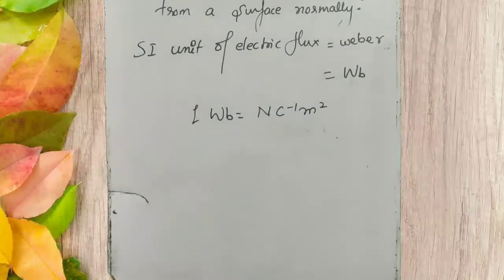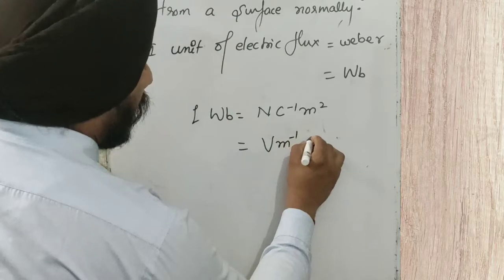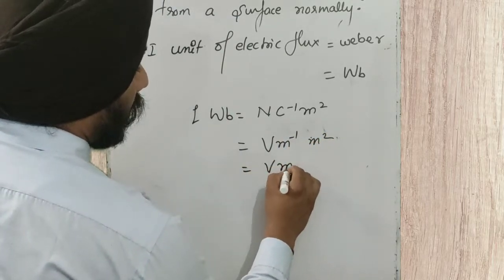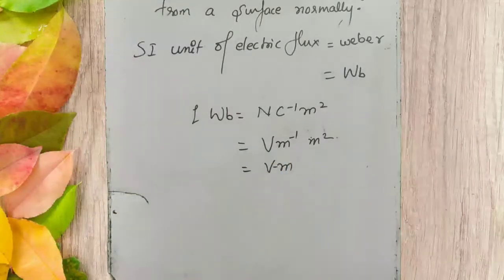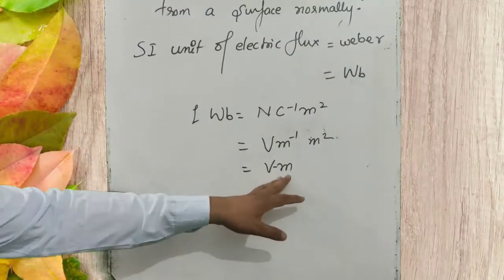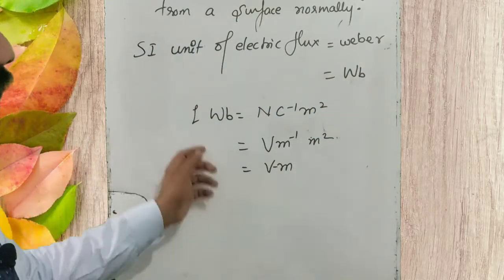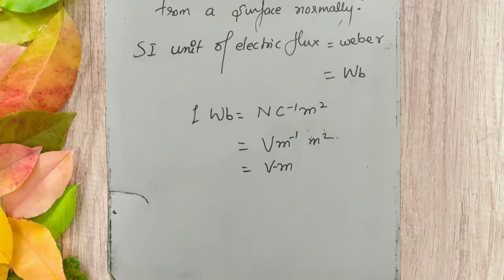Newton per coulomb meter square, or we can write it in another form, volt per meter and meter square, so it can be written as volt meter. Volt meter is also a unit of electric flux. So the SI units of electric flux are Weber, volt meter, and Newton coulomb inverse meter square.